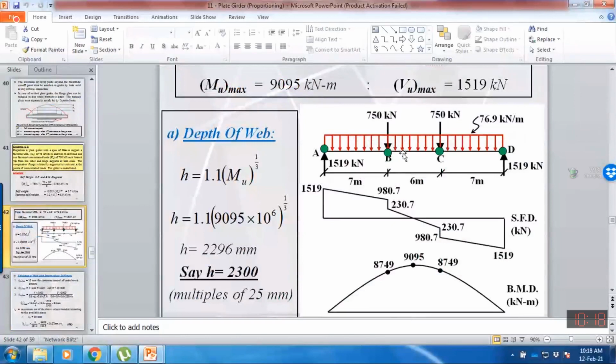Moreover, this plate girder is also subjected to a concentrated force of 750 kilonewton. This force is only acting on a very small region. What would be the source of this 750 kilonewton? That may be the end reaction of a secondary beam. Maybe the secondary beam is resting at this point on the plate girder. So the end reaction of the secondary beam may serve as a point force.